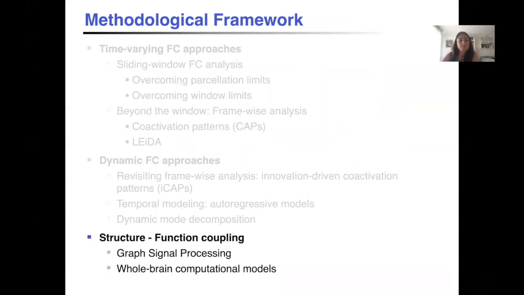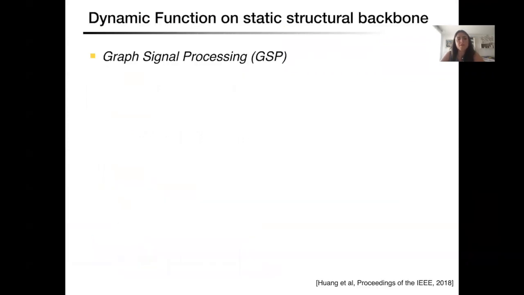Last, I would like to spend some words on how the evolution of functional signals is linked to a constant architecture underneath, which is represented by the structural white matter architecture of the brain. One method that emerged in the last decade, applied to the brain, is graph signal processing.